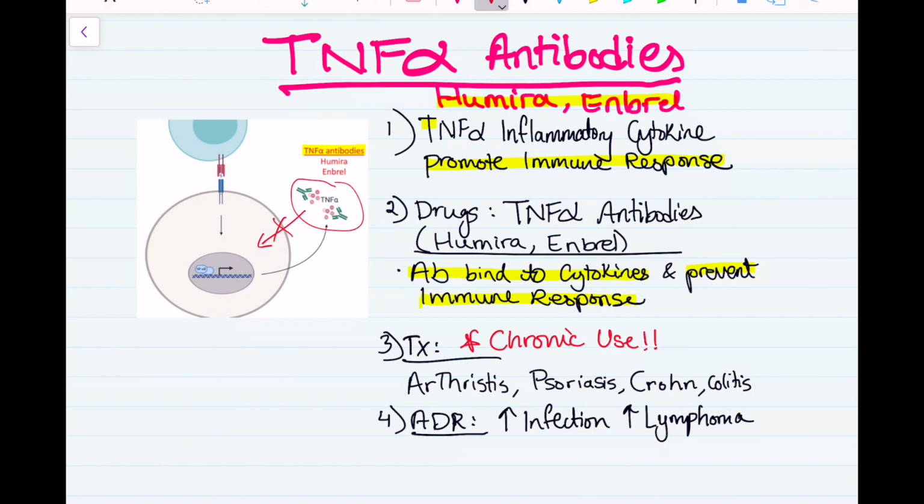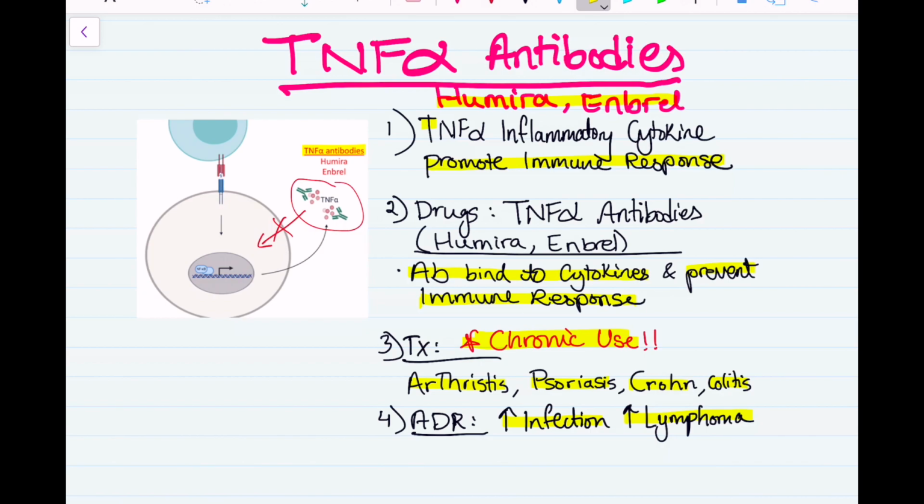They basically bind and do not let the cytokines be functional. The important part is that the treatment with these TNF antibodies is more for chronic use, such as arthritis, psoriasis, Crohn's disease, and colitis. And just like every immunosuppressive drug, we have increased risk of infection and increased lymphoma.